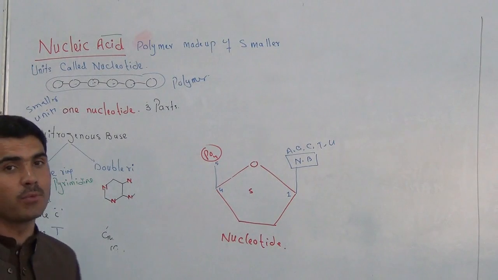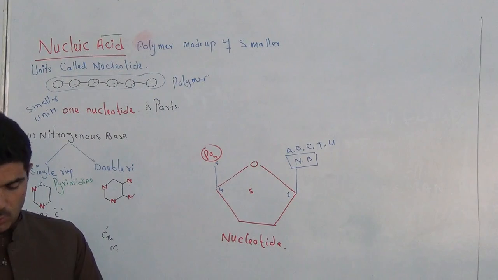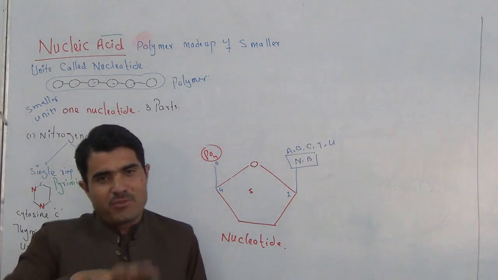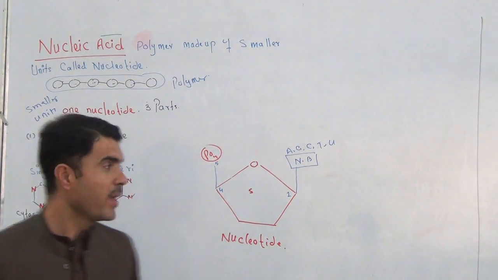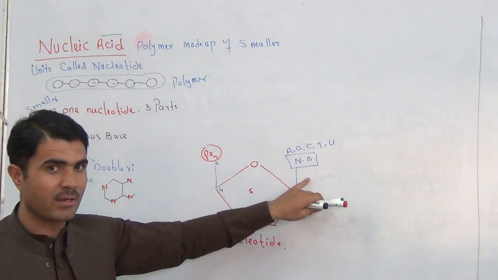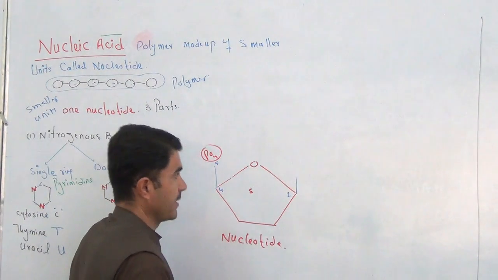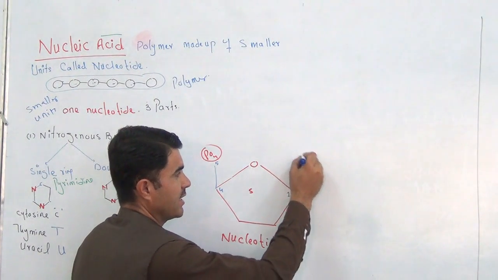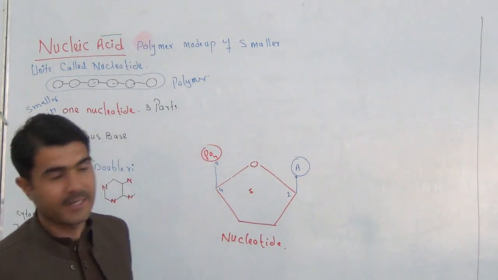Furthermore, as I told you, nucleotides will be of different types. Now we will come from the general lecture to something a little more specific. The nitrogenous base can be any one. For example, if I write adenine in place of the nitrogenous base, it becomes an adenine nucleotide, right?